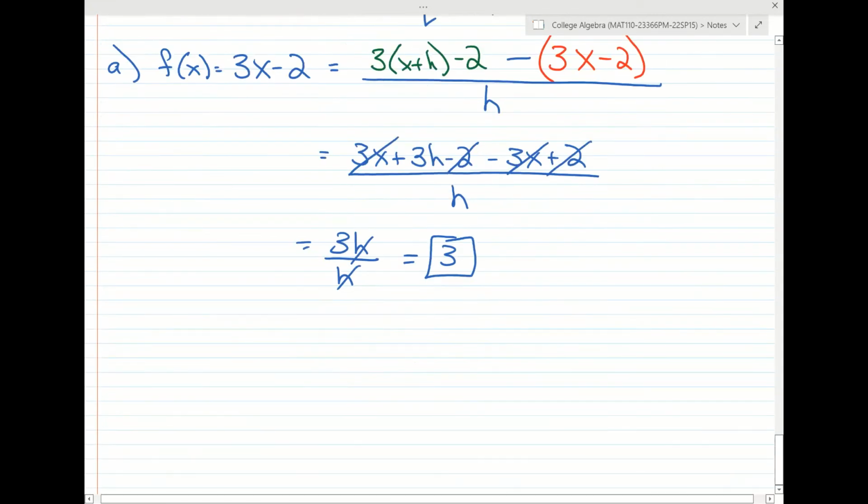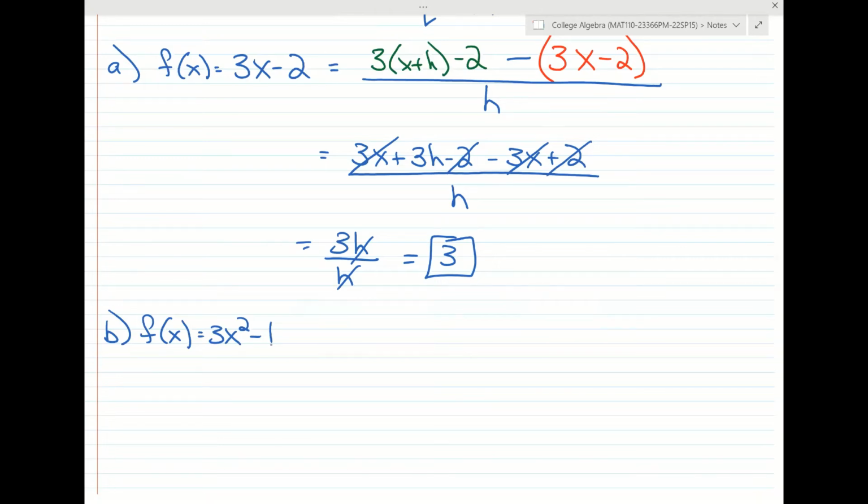Another one of these, maybe we'll do one a little bit harder. What if I gave you f of x is equal to 3x squared minus 1? Do the same process.